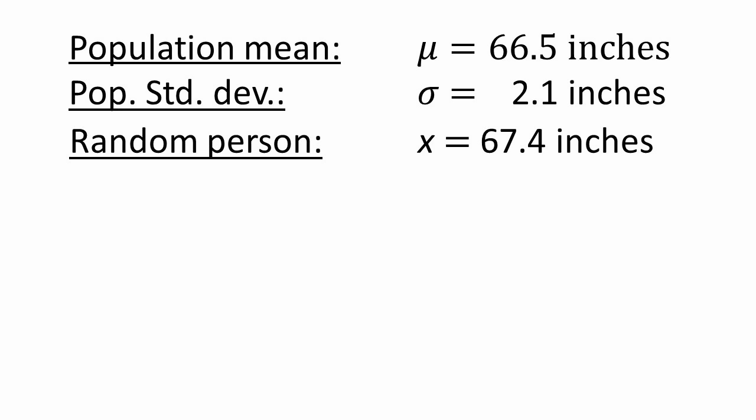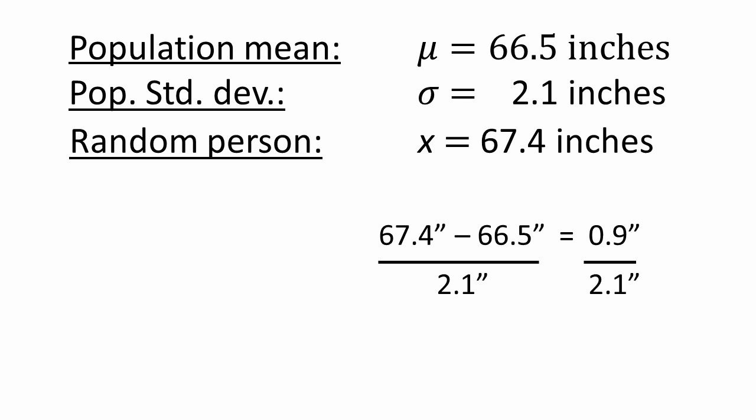First, find the difference between the person selected, which is x, and our population mean. That is 67.4 minus 66.5. This person is 0.9 inches taller than the mean. But one standard deviation is 2.1 inches.